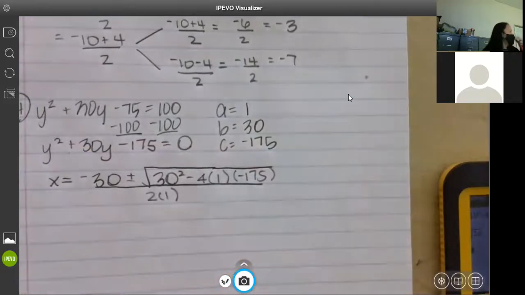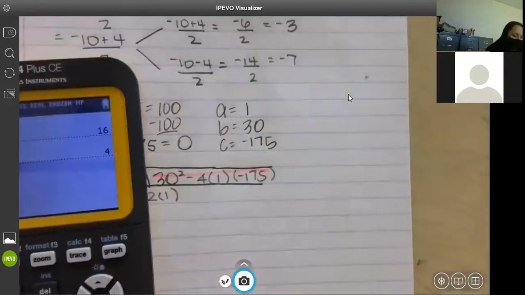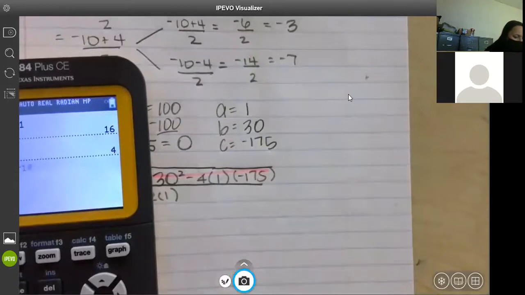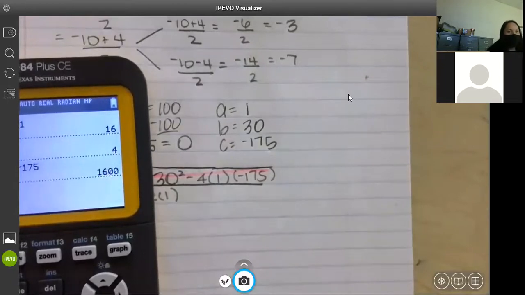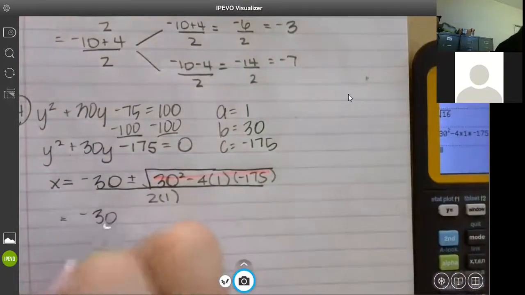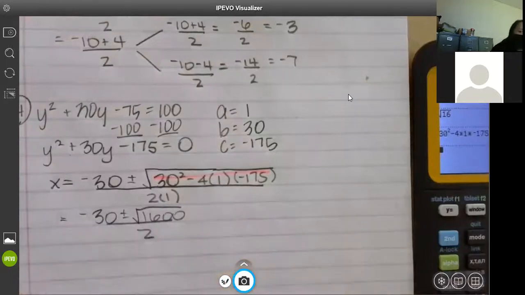So we got bigger numbers, but it's still the same thing. Do this stuff underneath. So 30 squared minus 4 times 1 times negative 175 gives us 1600. Negative 30 plus or minus the square root of 1600 over 2.